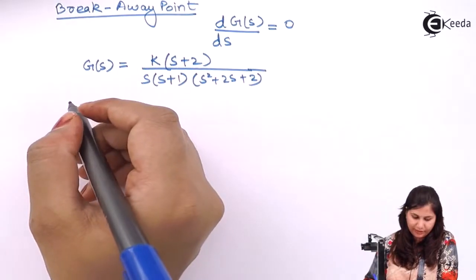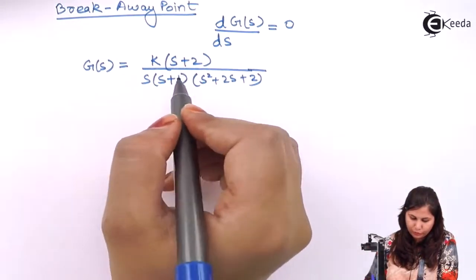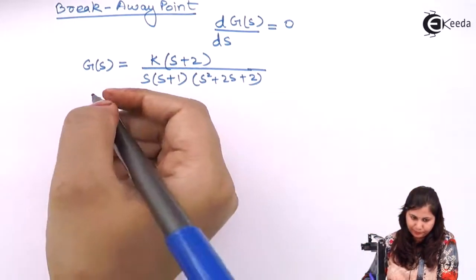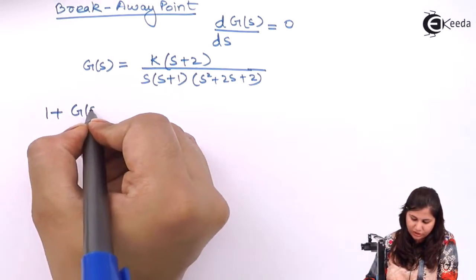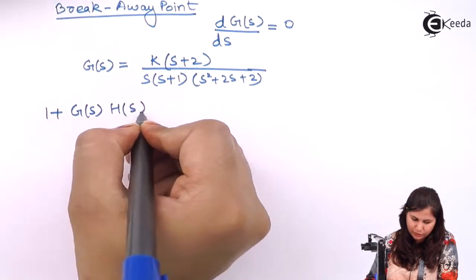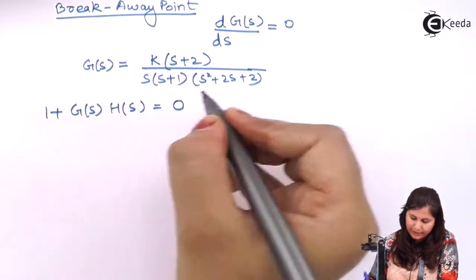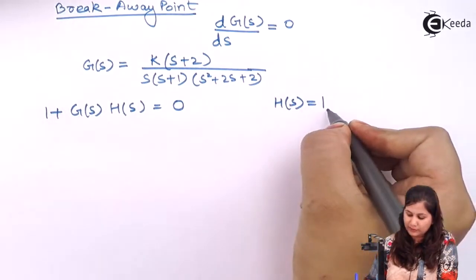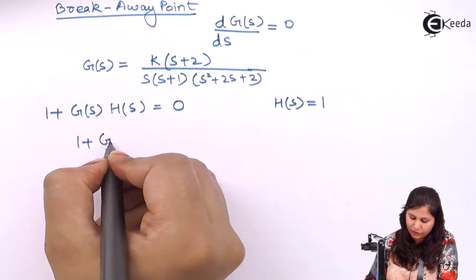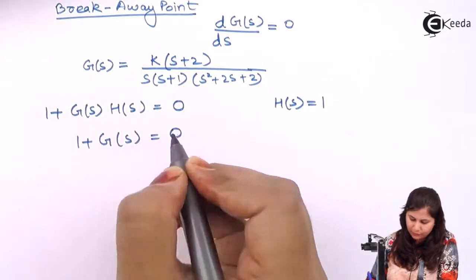From the open loop transfer function, we can write the characteristic equation as 1 plus G(s)H(s) equals 0, and H(s) is given to us as a unity feedback system, so H(s) equals 1, so 1 plus G(s) equals 0.